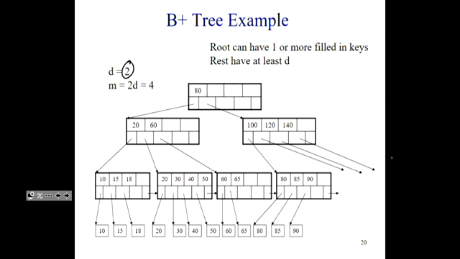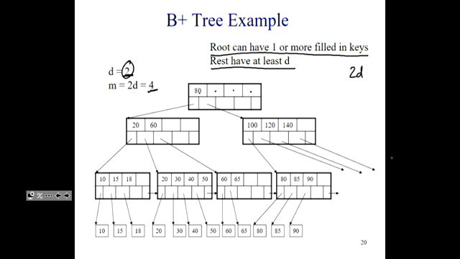So here's an example of a B plus tree. The root can have 1 or more filled in keys. The rest of the nodes have at least D keys filled in, and the maximum number of keys is 2D. Here in this case, D is equal to 2. The maximum number of keys is 4, because there are 4 slots here, as you can see.